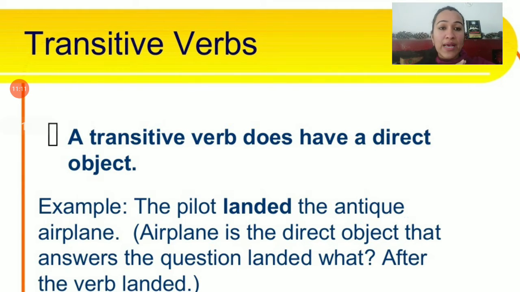As I've taught you in the class before, always break up your sentences into subject, verb, object. So first thing first, find your subject. Who is the doer? The pilot. What's the verb? Landed. What did he land? The antique airplane. So you have a direct object here. And how did you find it out? By asking the question what.